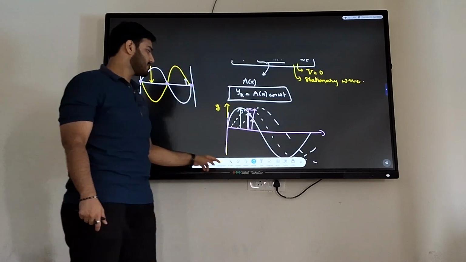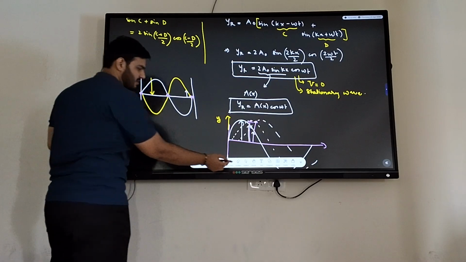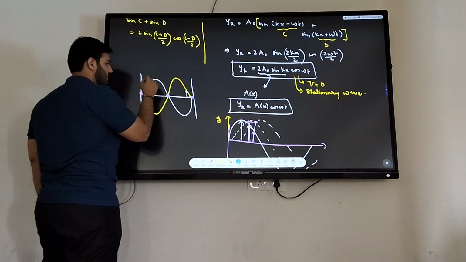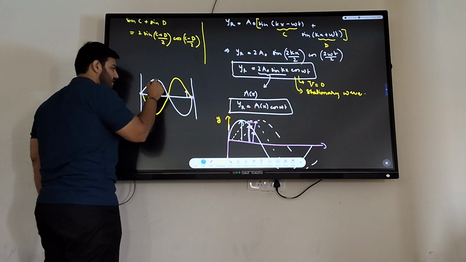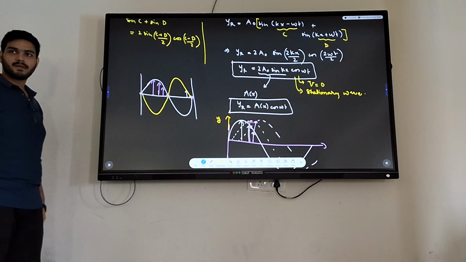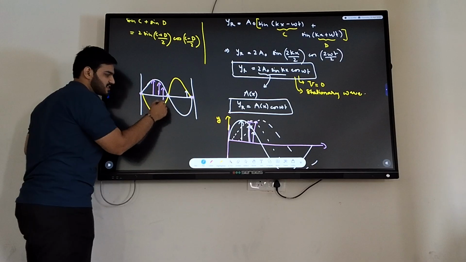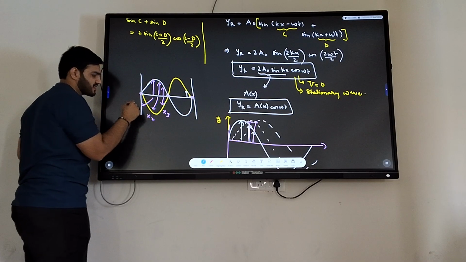What about here? Will all particles that are oscillating have the same maximum amplitude? Try to think. This particle, let's say at position x3, this particle at position x2, this particle at position x1.